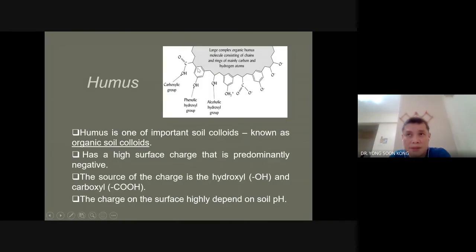Carbon, in this case, is considered the non-polar component. So when water comes in, it is not attached to this carbon, but rather to this oxygen element inside the polar functional group.